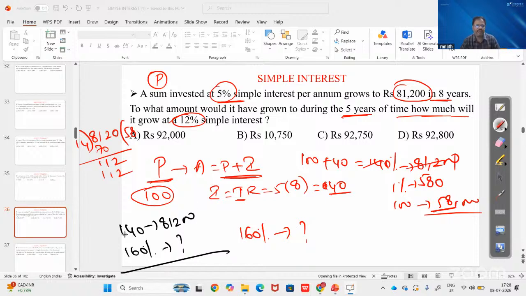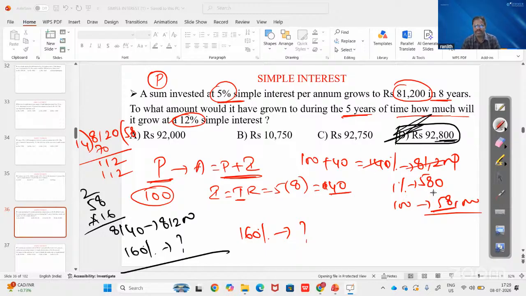So 58 into 16, 16 eights are 128. So the answer ends with 8. How many options end with 8? Only one option ends with 8. The double zero is okay, but the answer value ends with 800. So the answer will be 92,800.